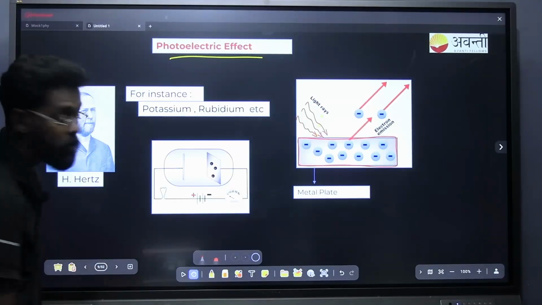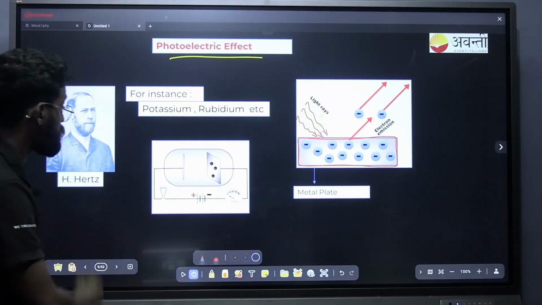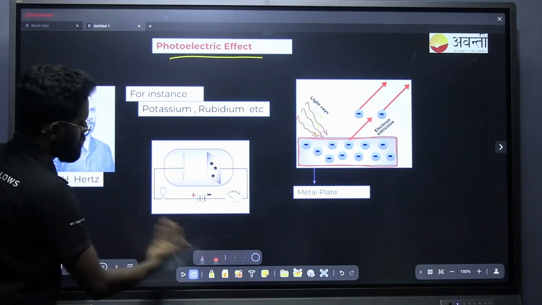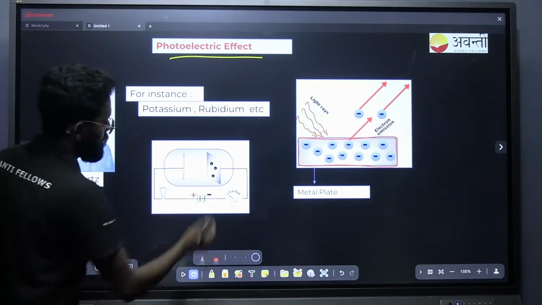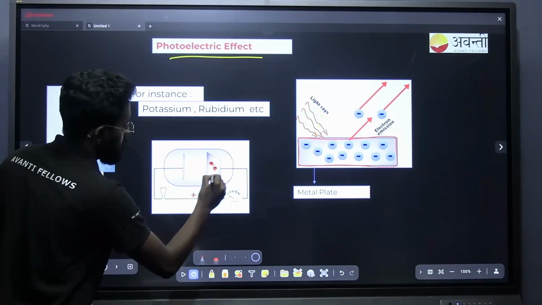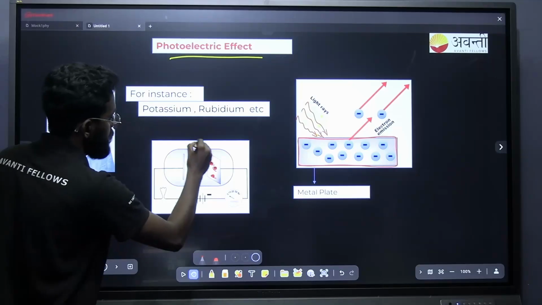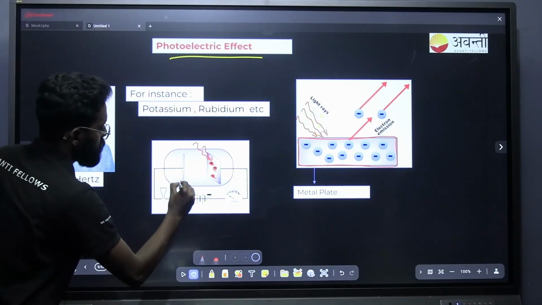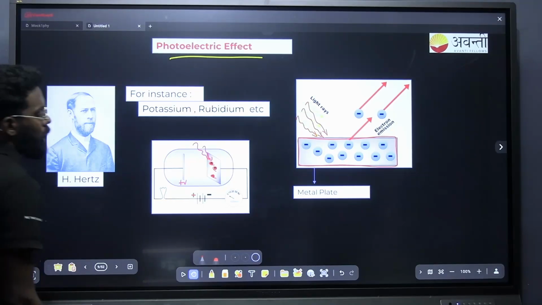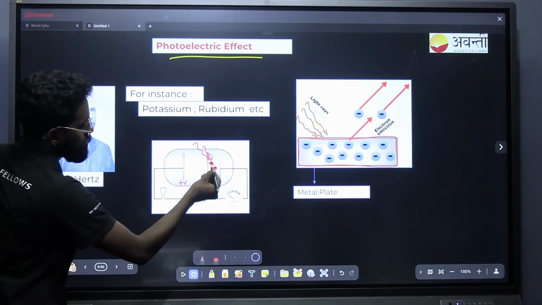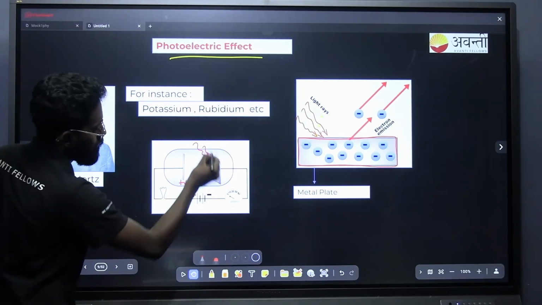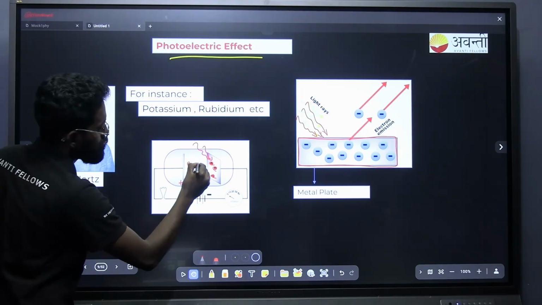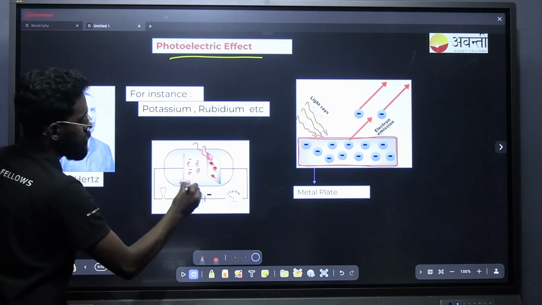Now, what is photoelectric current? That's my next question. In this setup you can see electrons will be ejected from here. This is a photosensitive metal. I will be radiating light and electrons will be ejected, and this is the positive part. This is the cathode. When the electron is ejected, it moves towards this positive plate, right?